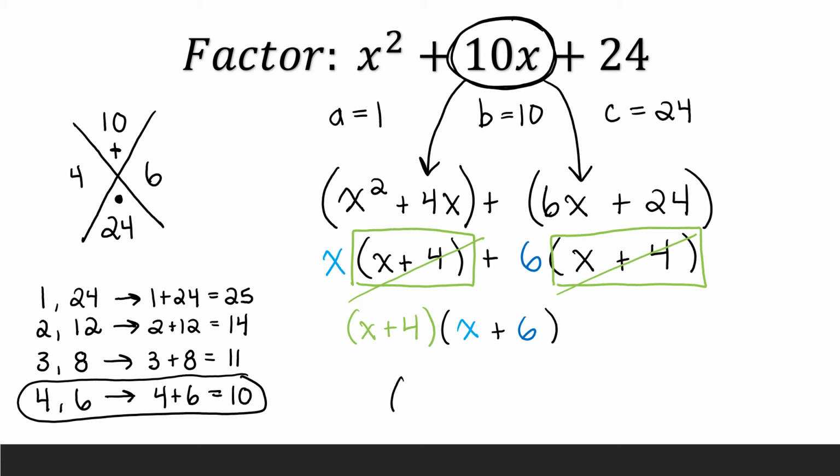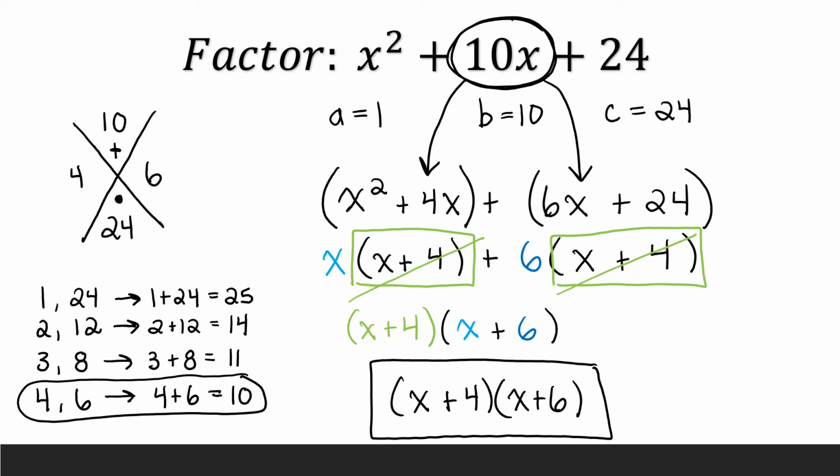So my final answer is the quantity of x plus 4 times the quantity of x plus 6. And what you might notice, especially for cases where a is equal to 1, so the coefficient behind the x squared is equal to 1, is that this plus 4 and plus 6 are the same numbers that you found for your sum and product puzzle.